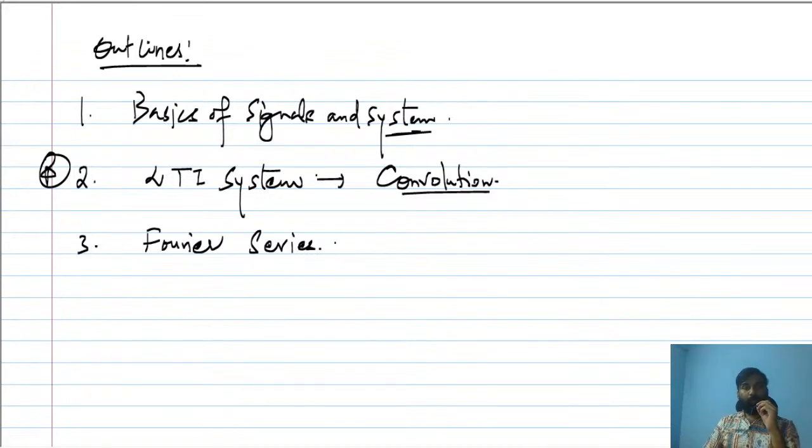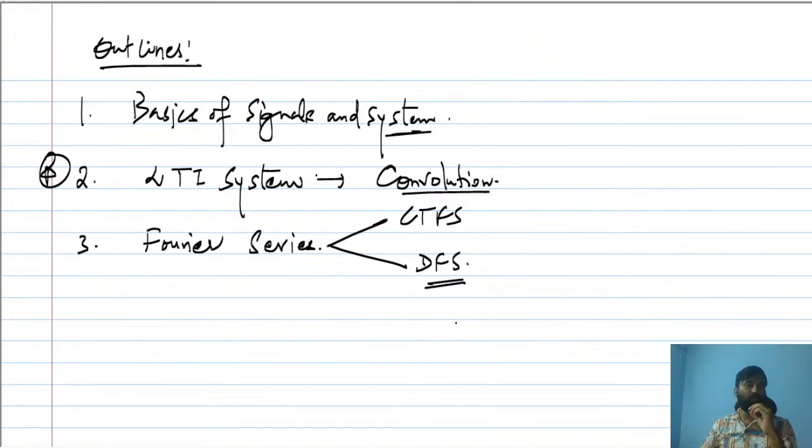There will be two kinds of Fourier series for two kinds of signals: continuous time Fourier series and discrete time Fourier series. This year's question was from discrete Fourier series. So this is my roadmap. You can also refer to the original GATE syllabus. And we will understand what is the need of Fourier series, why we are talking about Fourier.